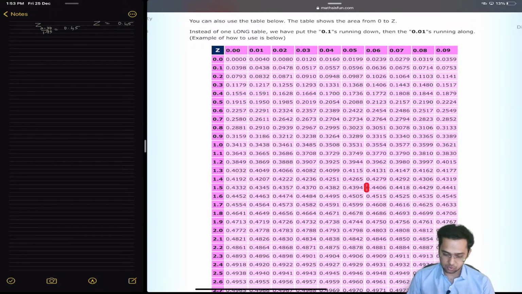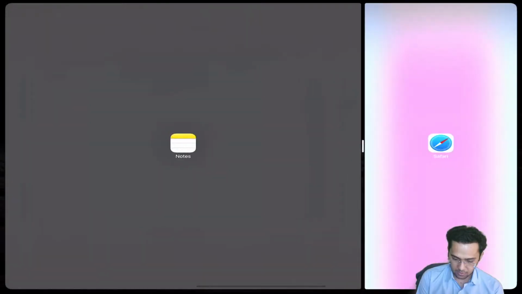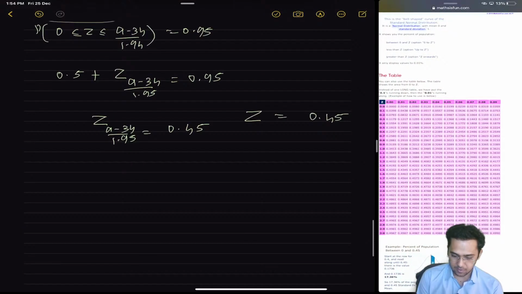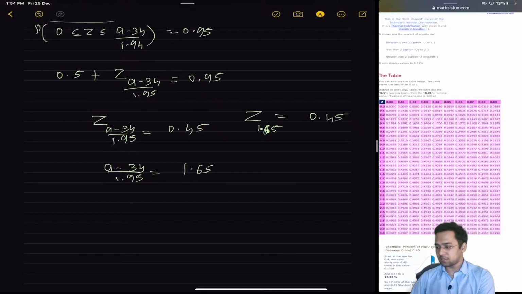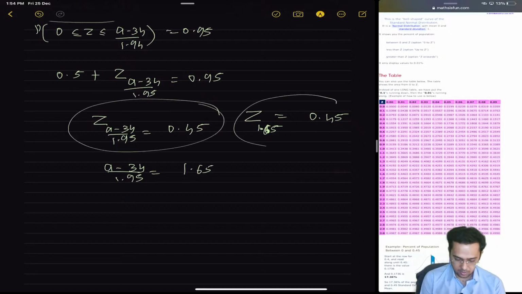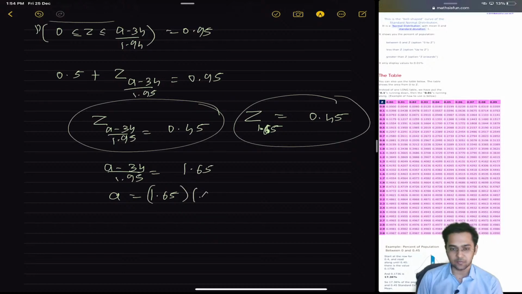Right. So we can say that z value of 1.65 is 0.45. Essentially a minus 34 upon 1.95 is 1.65. So since this is equal to this, of course even the z value should match. Accordingly we say a is 1.65 into 1.95 plus 34.